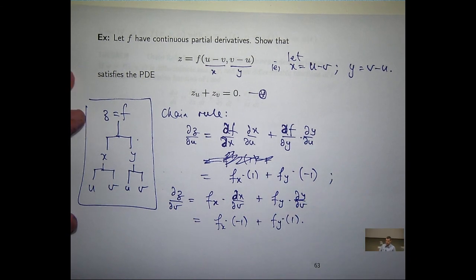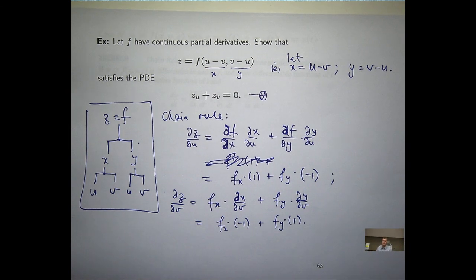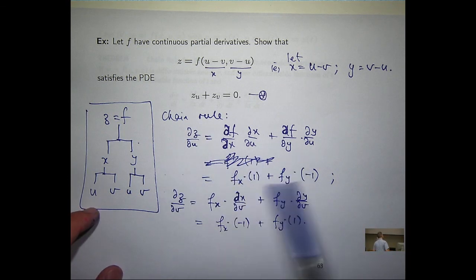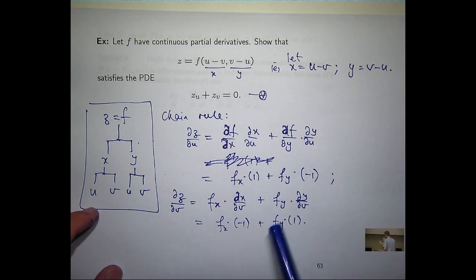So the left-hand side of our start, I know it's a bit messy, the left-hand side of our start PDE is just these 2 derivatives added together. So if you add that to that, they're going to cancel each other out.